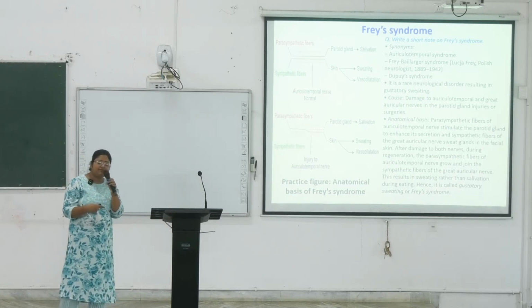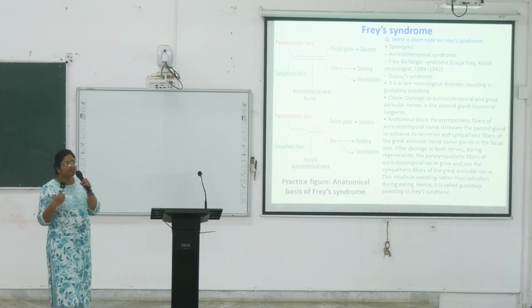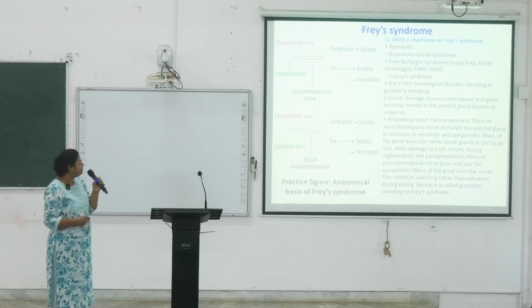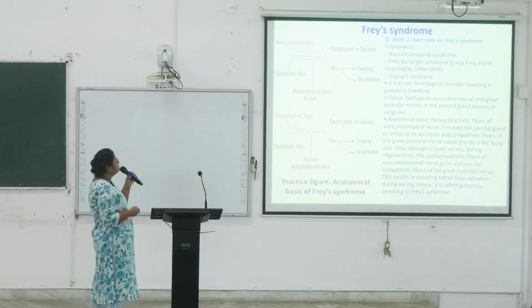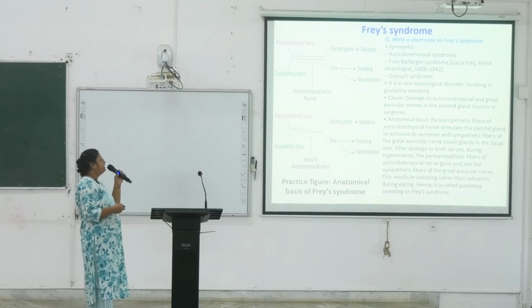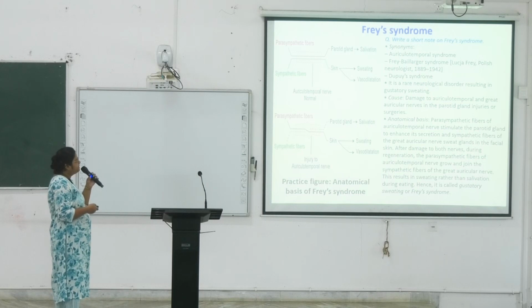But in Frey syndrome, when you eat food, sweating occurs over the parotid region because there is a cross connection among the nerves. How does it occur? The cause is generally damage to the auriculotemporal and great auricular nerves in parotid gland injuries or surgeries.